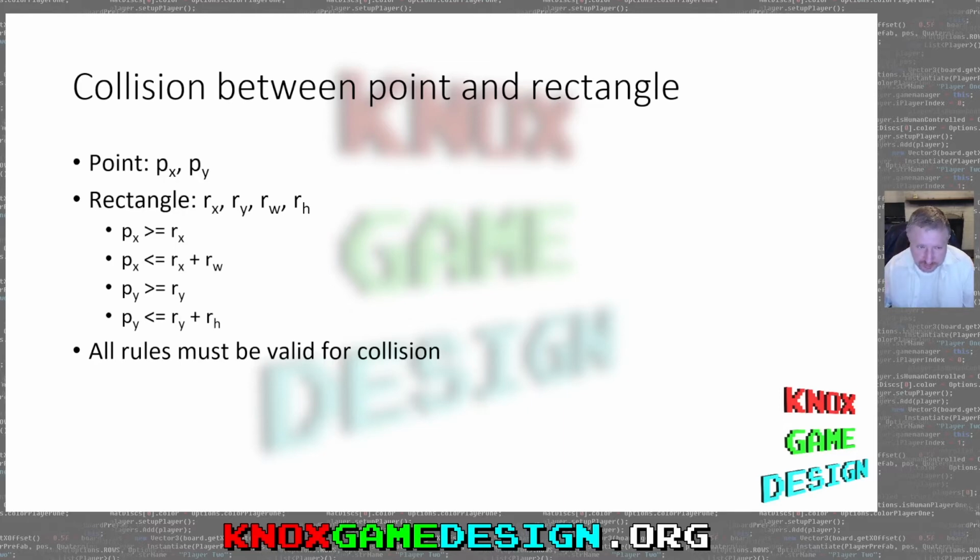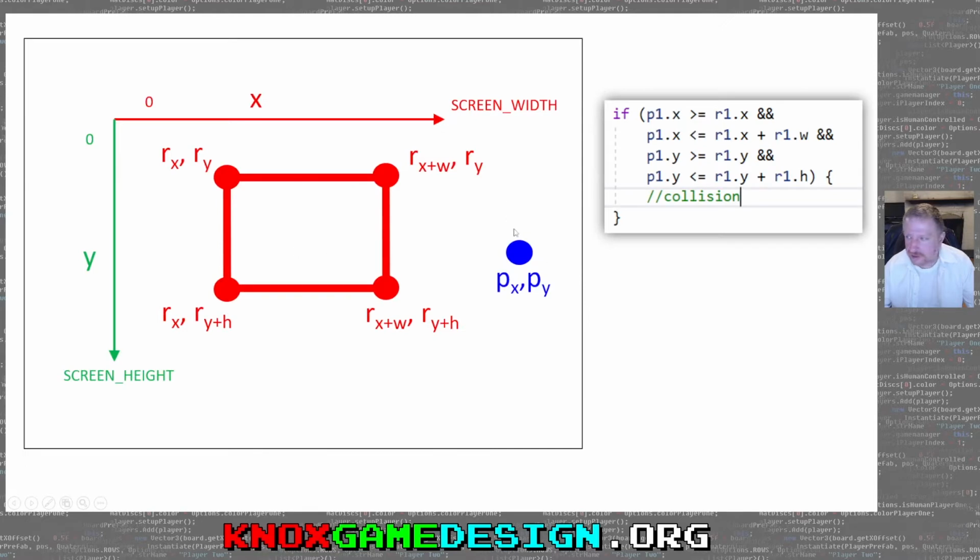Then we take the point's y value, check to see if it's greater than the rectangle's y, and check to see if it's less than the rectangle's y plus the height. So all 4 of these rules have to be true for it to collide. So here's an example, and it's basically 4 checks anded together. And that's what it looks like in the C# code right there.